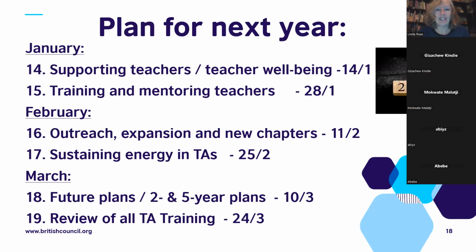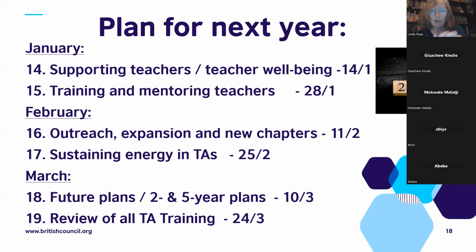That's the end of today's presentations, and I'd like us to compare in a minute. But before we do that, the plan for next year. My contract working with all of your teacher associations is ending at the end of March, and this is the plan for the rest of the sessions. After talking to you at the end of the last one, we've planned these.